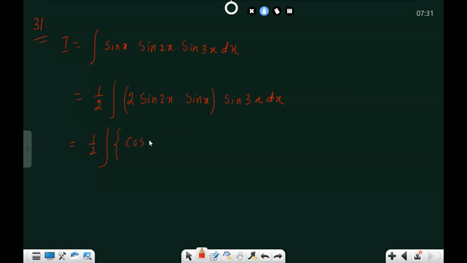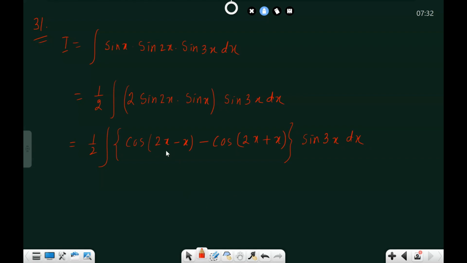So that will be cos x, you can write 2x minus x, and minus cos of 2x plus x, 2x plus x whole sine 3x, and dx is there.